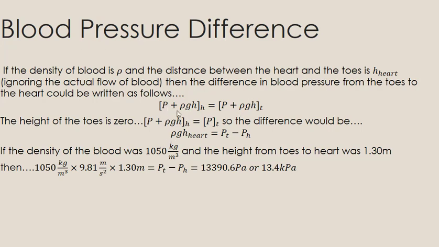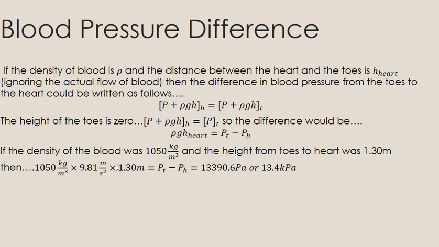We're saying that velocity is the same in both parts, which it is not. But the height of the toes is 0, so we got rid of that height component over there. So the difference would be this, rho GH. We subtracted the pressure at the heart from both sides. So now we have this.